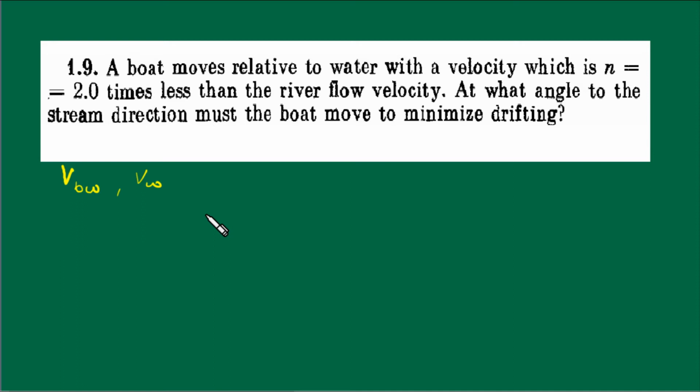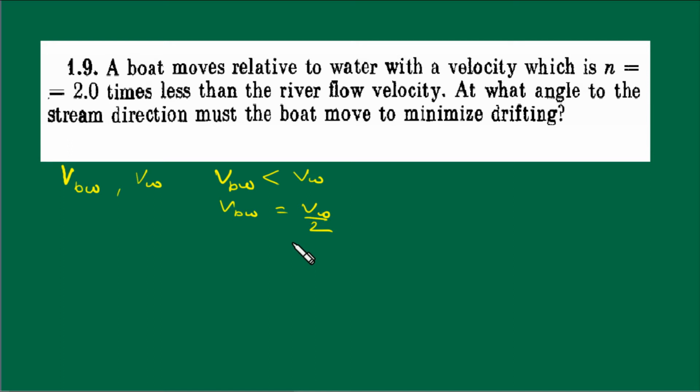So we will use these notations. Now they have said that the velocity of the boat with respect to water is obviously less than the velocity of water, right? And the relation is that the velocity of the boat with respect to water is actually the velocity of water by 2.